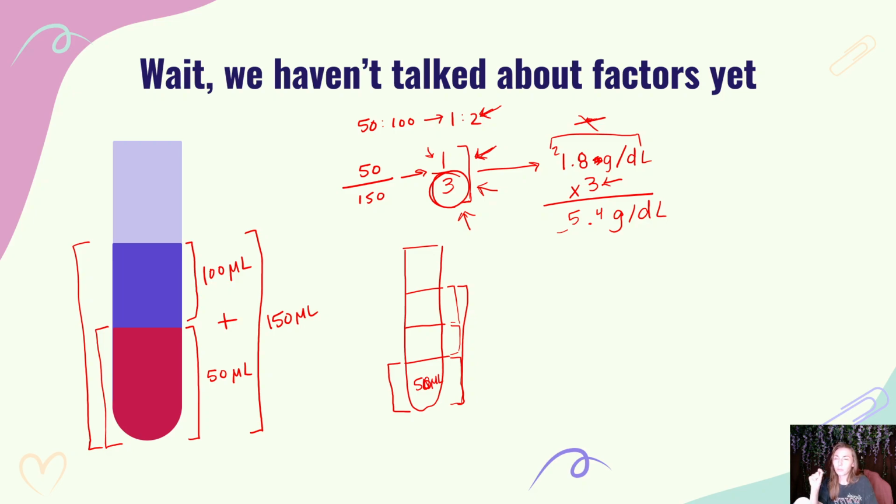In math, factors are a multiplicative thing, so it's a number that you multiply something by. That's a factor, right? We use 3 in this instance because our total volume is 3 times the original volume of our patient specimen. Does that make sense?